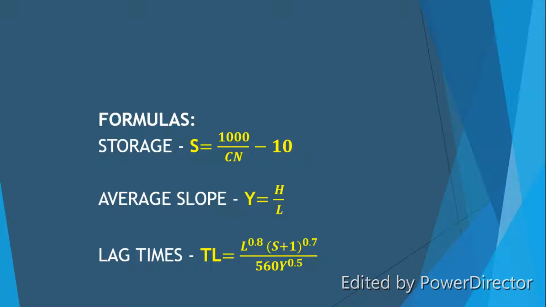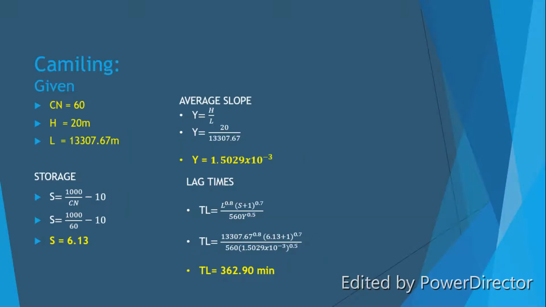For average slope, gamma is equal to H divided by L. And for lag time, TL is equal to L raised to 0.8 multiplied by (S plus 1) raised to 0.7, divided by 560 gamma raised to 0.5. The givens for Kamiling are CN is equal to 60, H is equal to 20 meters, L is equal to 13,300.67 meters.